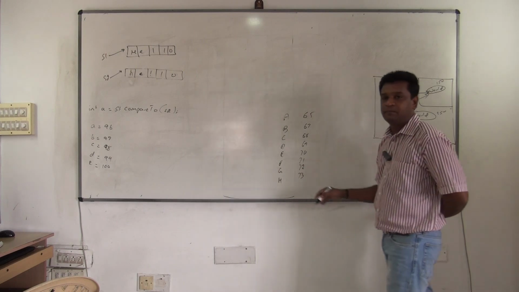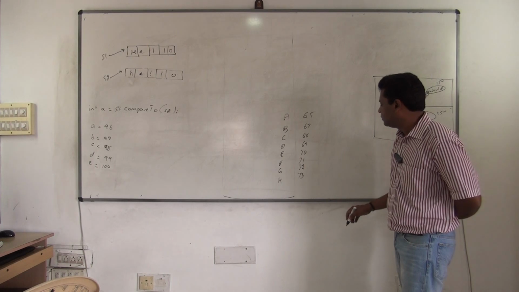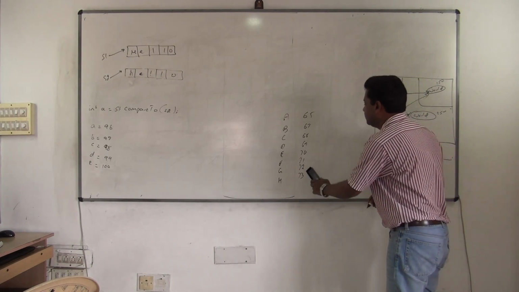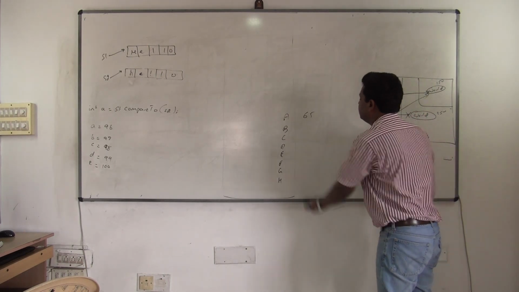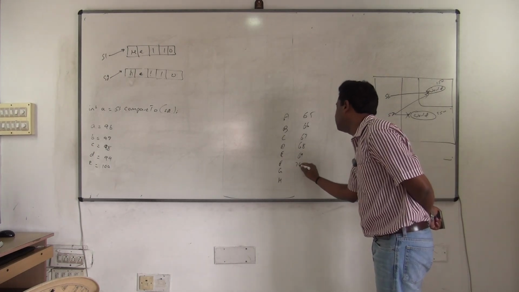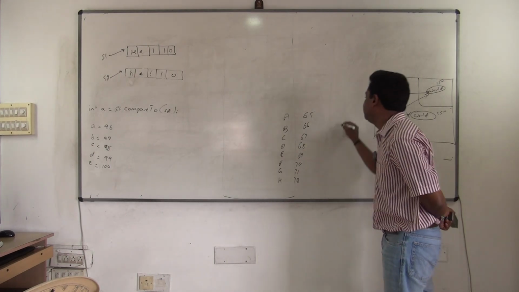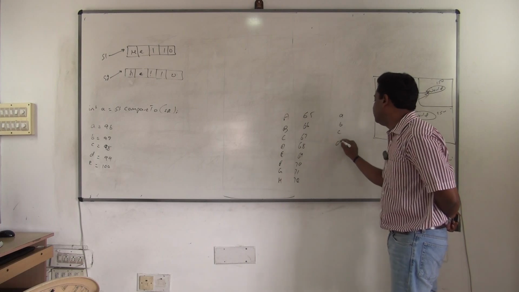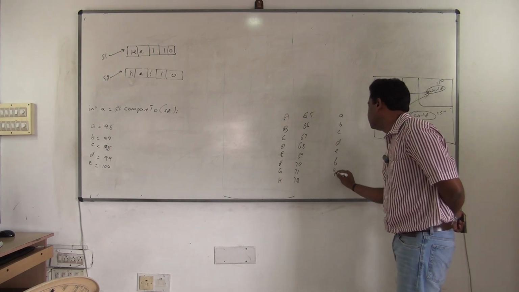So capital H is 72. Small hello now: D, E, F, G, H.